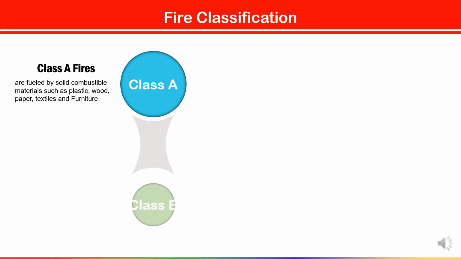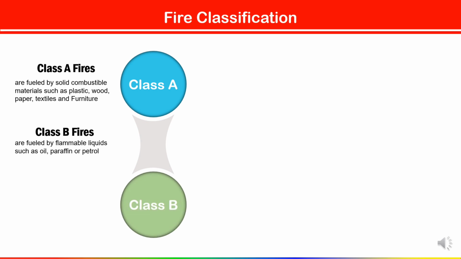Now the next is the class B fire. Class B fires are fueled by flammable liquids such as oil, paraffin or petrol. An example of a class B fire is a gasoline fire at a fuel station.